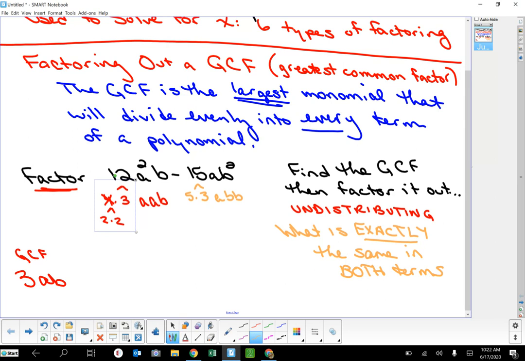Well, I'll use a highlighter here to identify those. So I have some 2's in the 12, the first term. I don't have any 2's in the second term, so I can't use that. But I do have a 3 in each term.